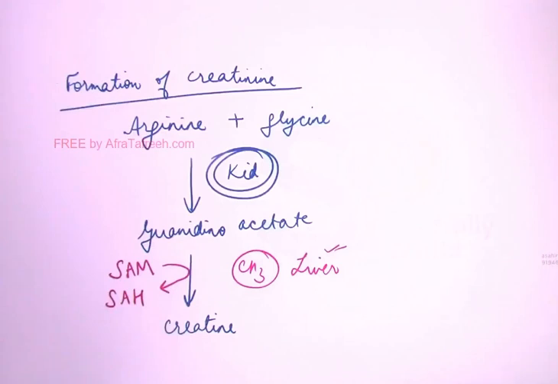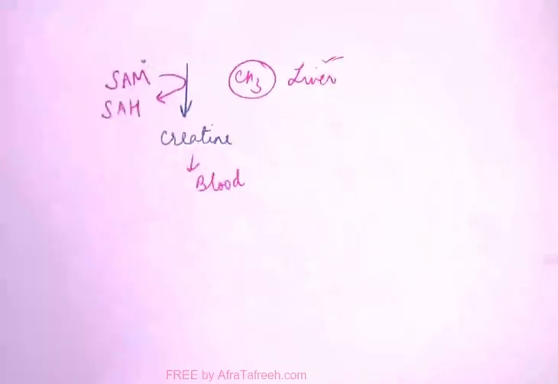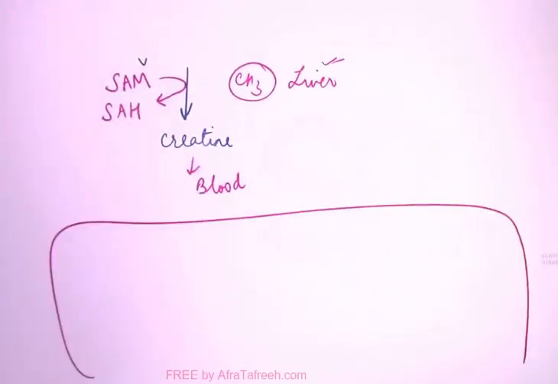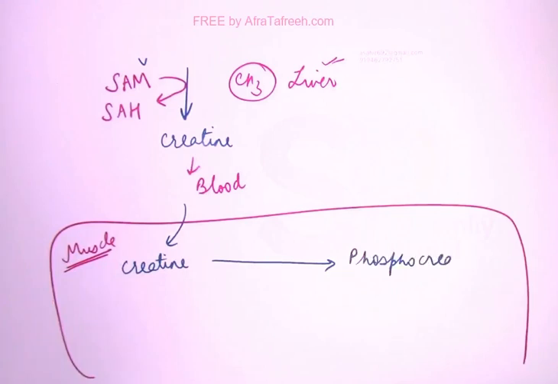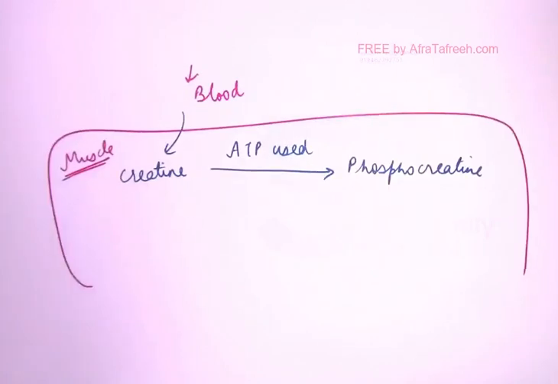Now creatine from the liver will go into the blood, and from blood this creatine will be taken up into the muscle. Let's say this is a muscle cell. Here creatine is there in muscles. Now this creatine will be converted to phosphocreatine, and in this reaction ATP will be used to add the phosphate group.